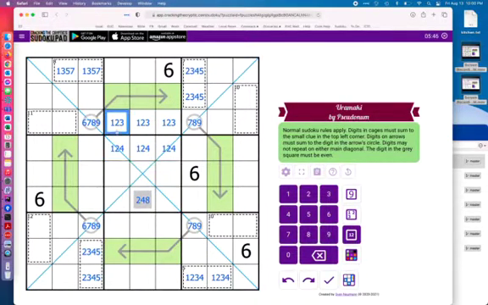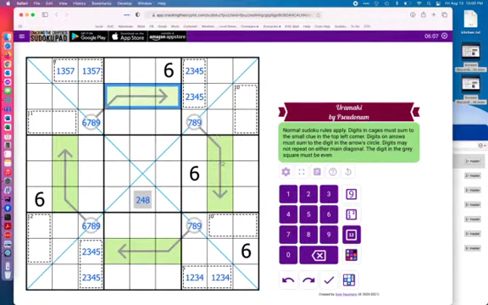And then 9 can be 1, 2, 6, 1, 3, 5, or 2, 3, 4. So of the 3 possibilities for 9, 2 of them contain a 1, and one of them is 2, 3, 4. Doesn't contain a 1.